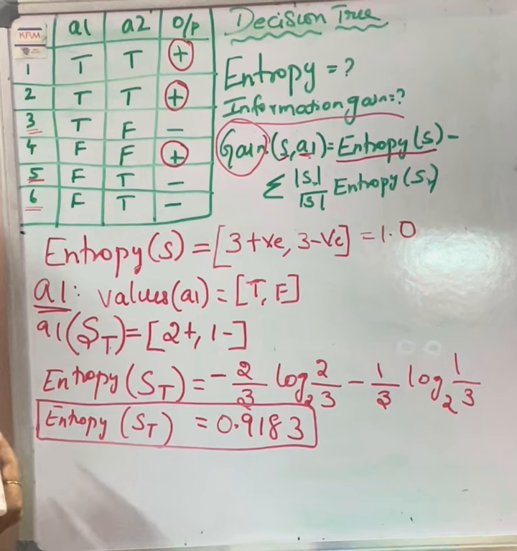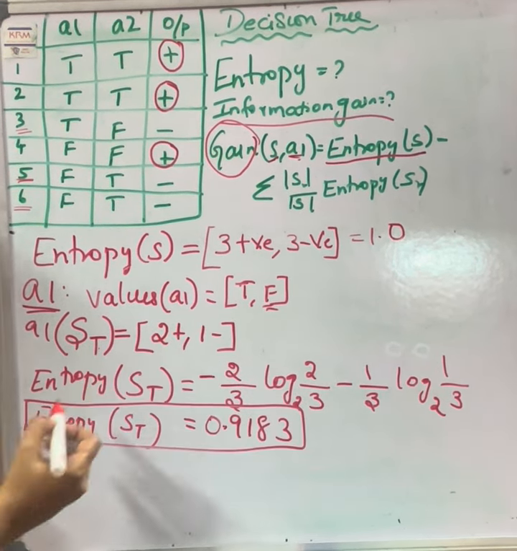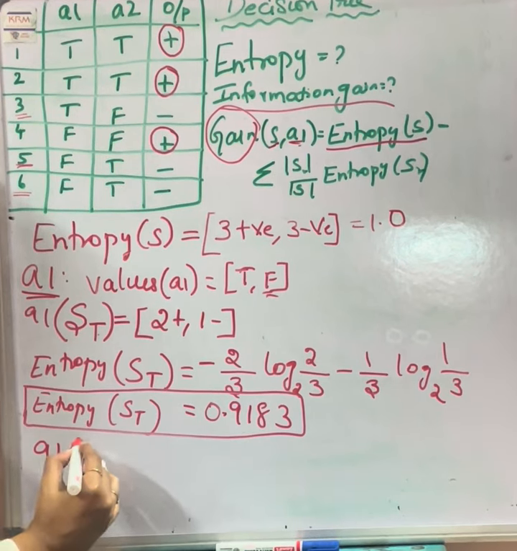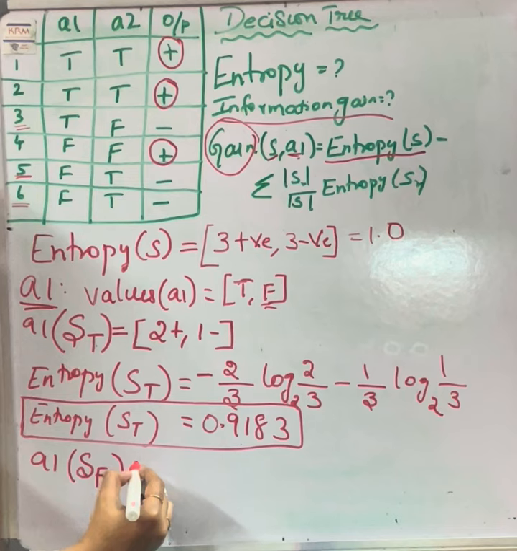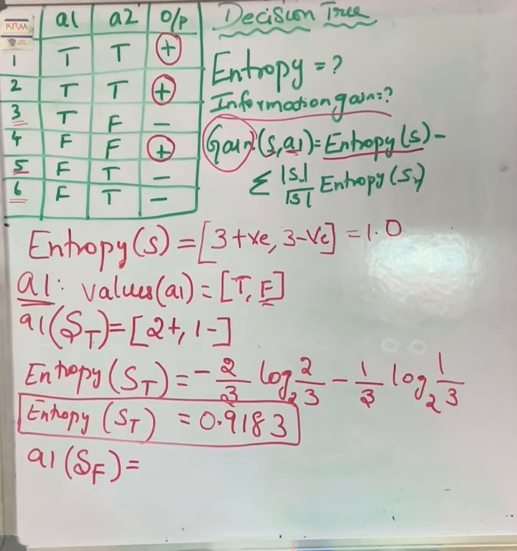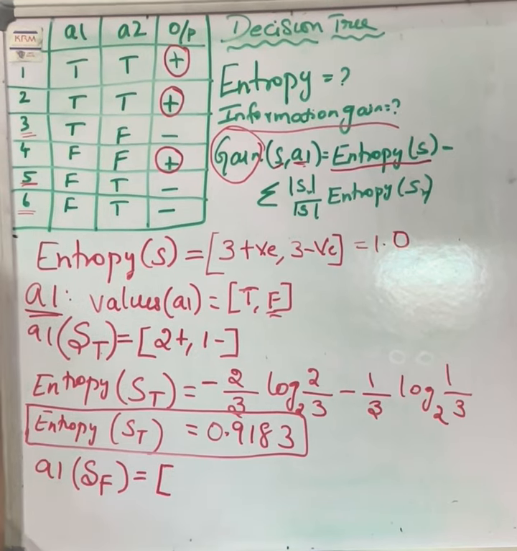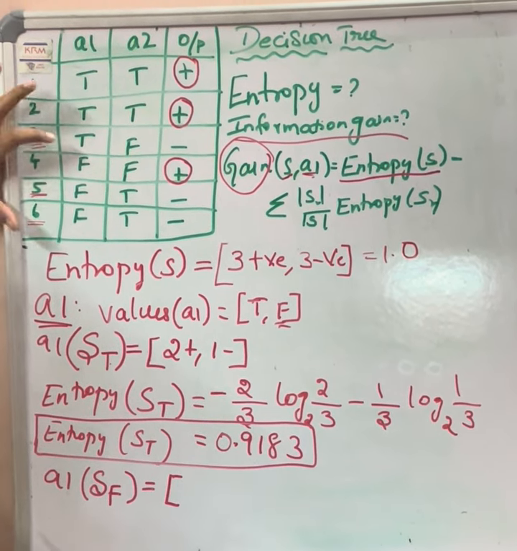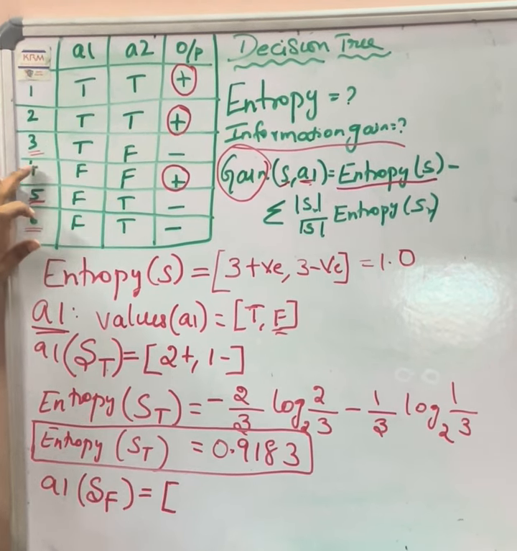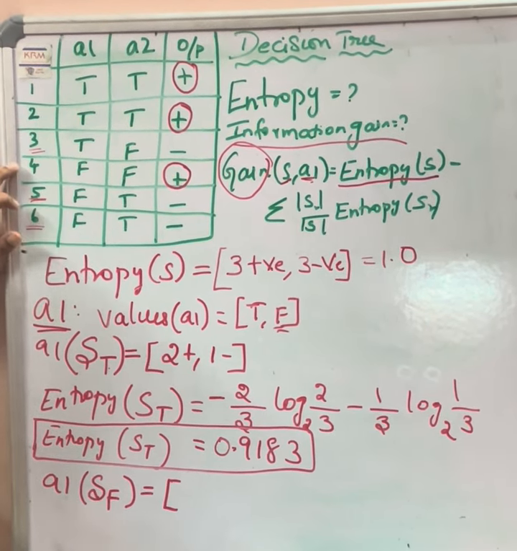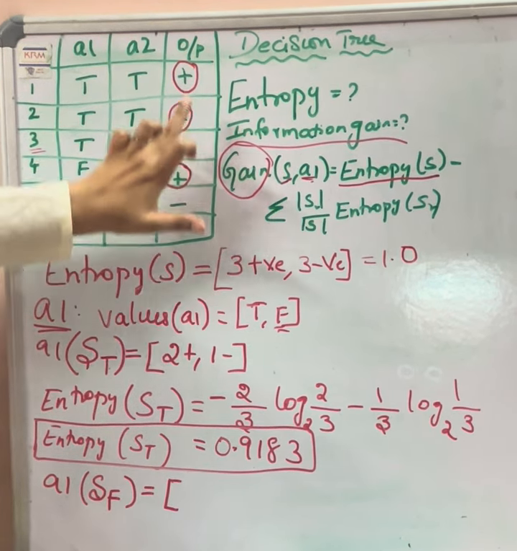So similarly I have to find the other value. What is the other value I have in A1? It is false. So from A1 I have to find the sample from the false value. How many positive and how many negative values are contributing from false. Here I have 3 false in A1. So the first sample, that is the fourth sample, false, is contributing positively to the outcome here.